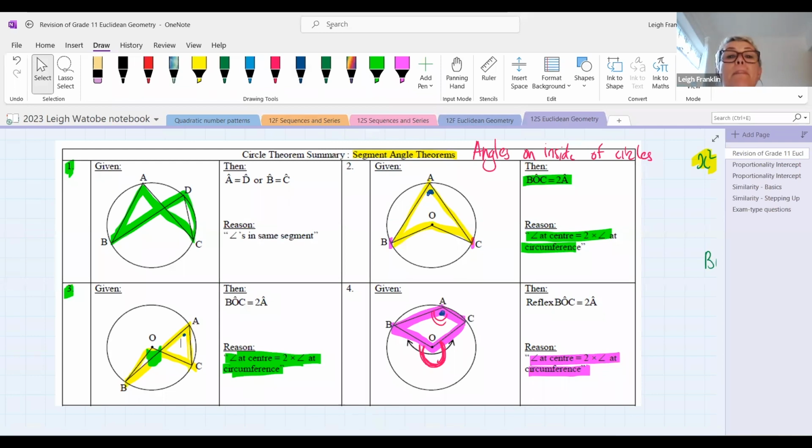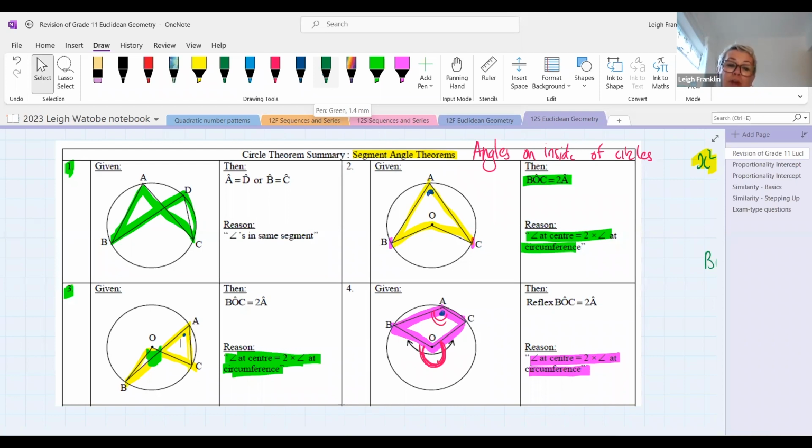Rabetu has a question. Rabetu, go ahead. Hi, ma'am. I just wanted to ask, is the difference between 1 and 3 the fact that 3 doesn't really touch the same segment, or what's the difference, because they look very similar? The biggest difference between 1 and 3 is that in number 1, A, B, C, and D are all on the circle.